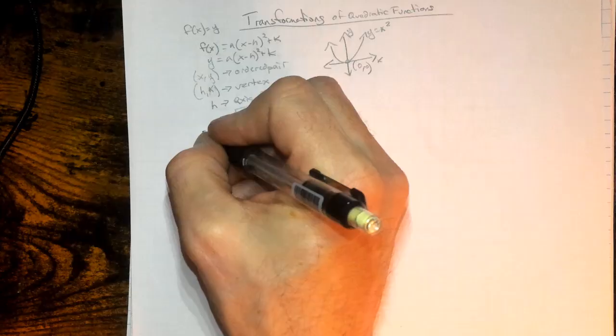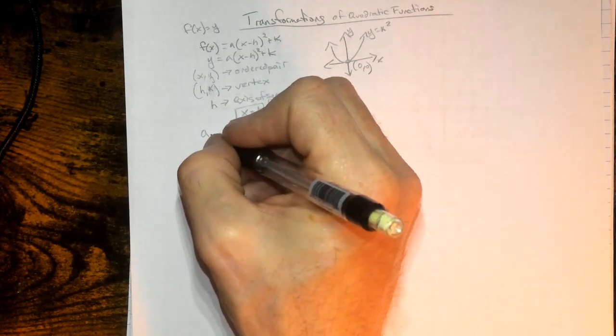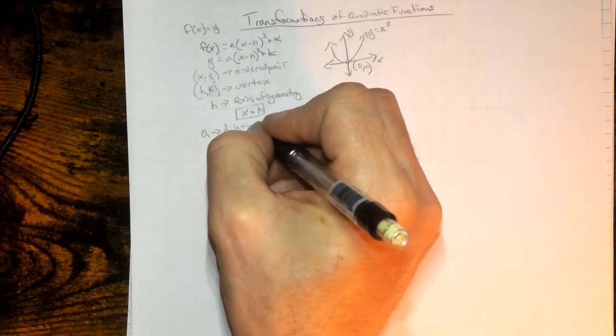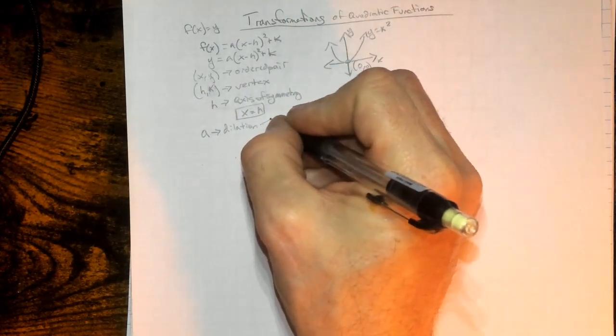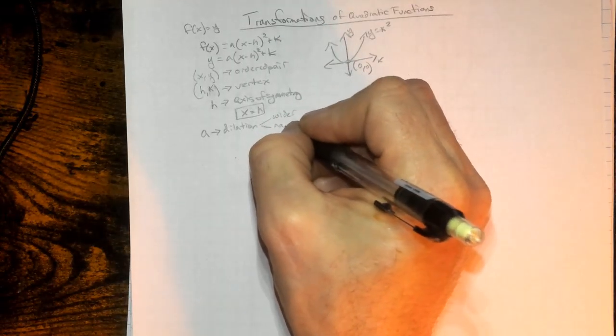And then of course the a value is what we call a dilation. It will make your graph two effects. It'll make it wider or narrower.